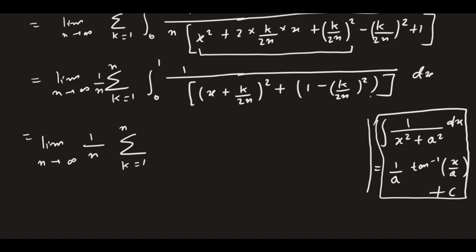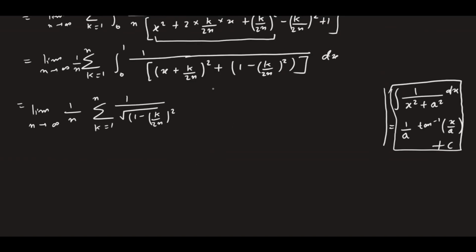So this will be 1 by the square root of 1 minus k by 2n whole square, times tan inverse of x by a.